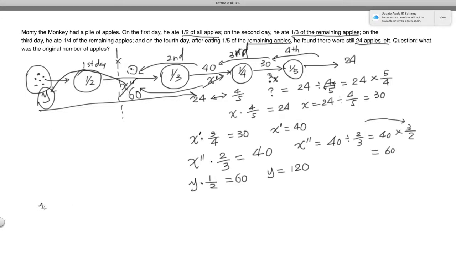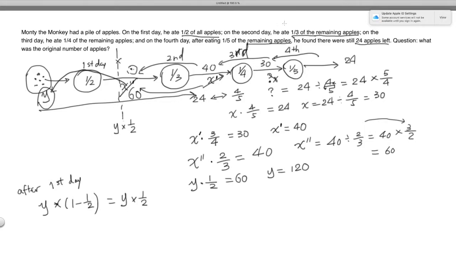So what remains after the first day is y times (1 minus 1/2), because he ate 1/2, so he's left with 1 minus 1/2. Of course, this equals y times 1/2, because 1 minus 1/2 equals 1/2. So this number will be y times 1/2.